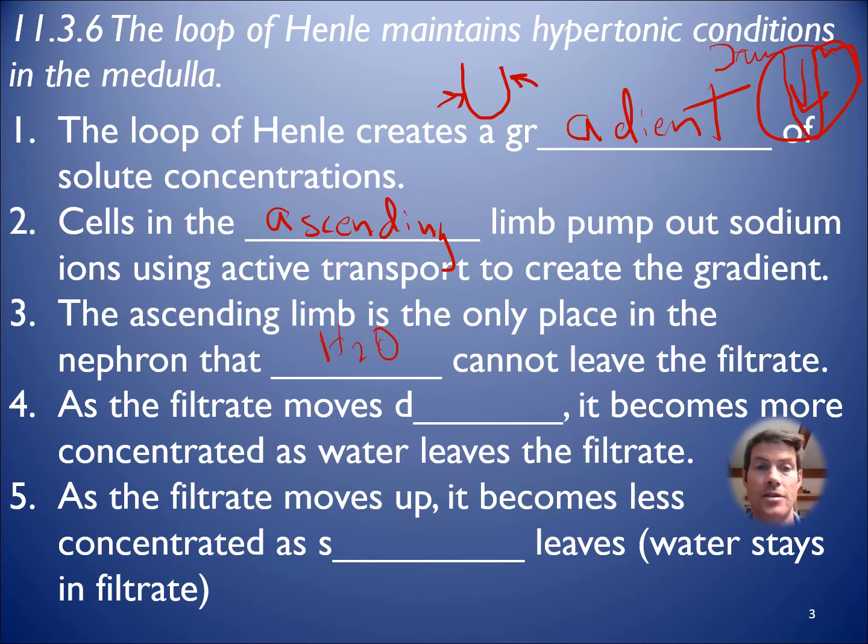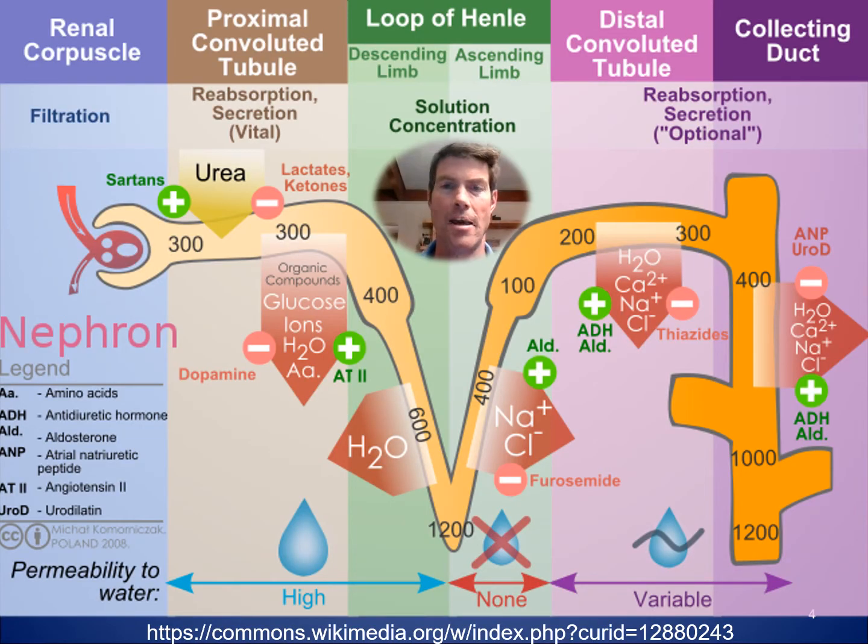Makes it very interesting. As the filtrate moves down, your pee, soon to be pee, becomes more and more concentrated. And then it gets less concentrated as it moves up because salt, or sodium, is going to start to leave. So your water content stays the same, but you have a lot less sodium there. So it's going to become more hypertonic relative.